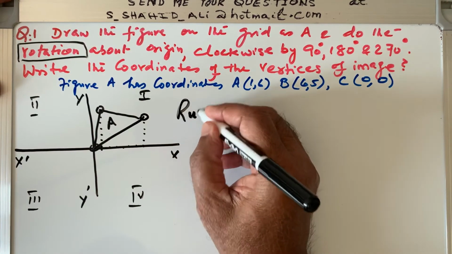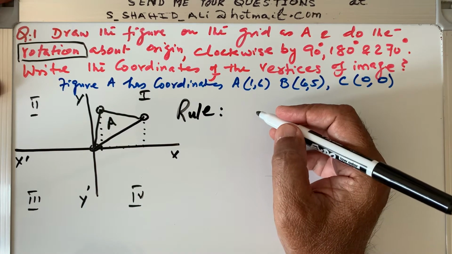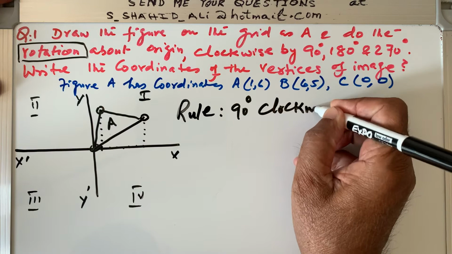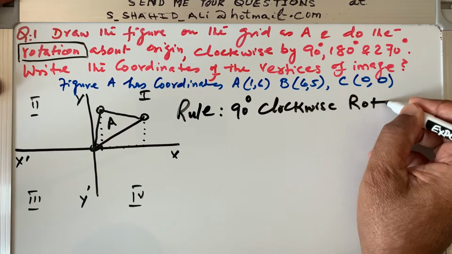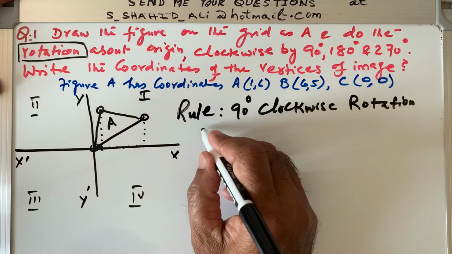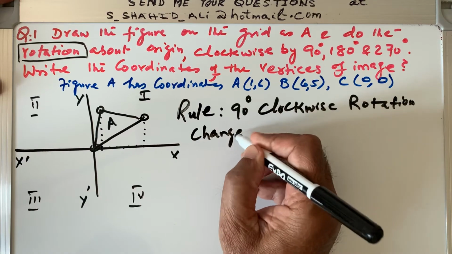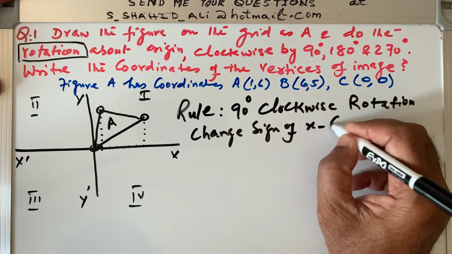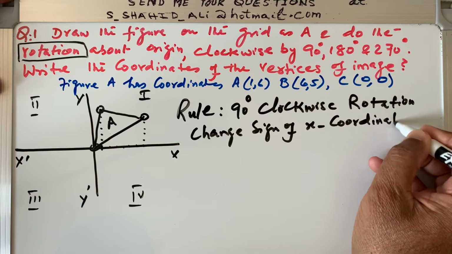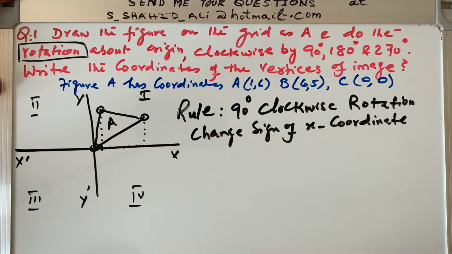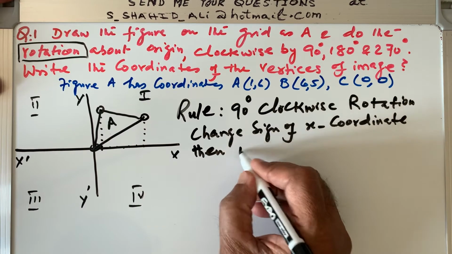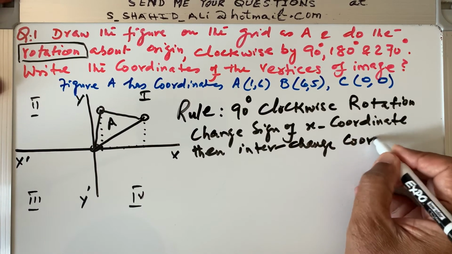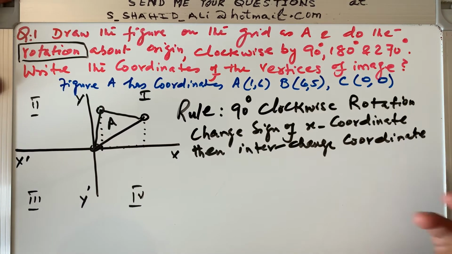So what is the rule? The rule is that for 90 degree clockwise rotation, you need to change the sign of the x coordinate, then interchange the coordinates. Interchange coordinates means make x the y and y the x.